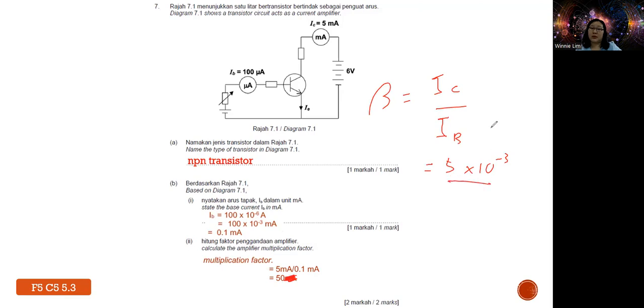I always tell students to change the milli to become 10⁻³, then micro to 10⁻⁶. Then this whole thing, you just straight away divide and you will still get 50, because you cancel out your ampere. This is easier, as you just need to change 1 unit and then substitute again.